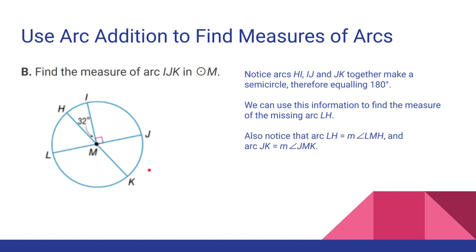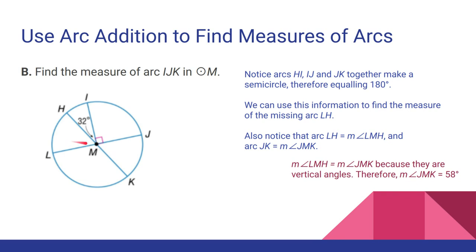We can also notice that arc LH is equal to the measure of angle LMH, and arc JK is equal to the measure of angle JMK. These two measures across from each other are vertical. So because we have vertical angles, we know the rule that vertical angles have congruent angle measures.